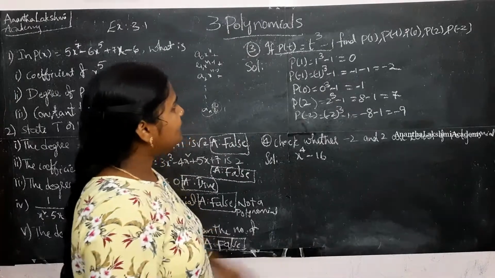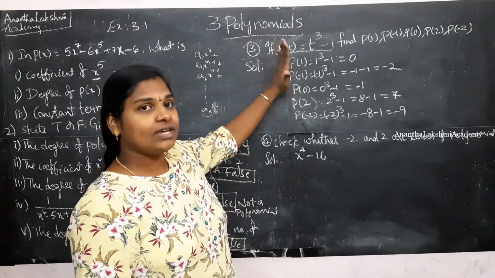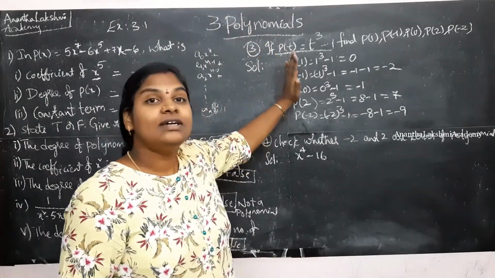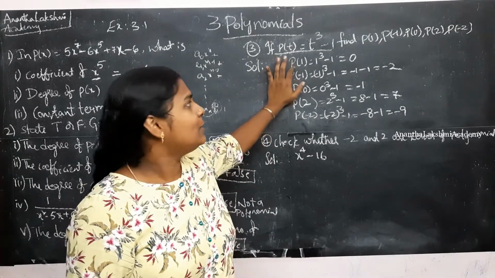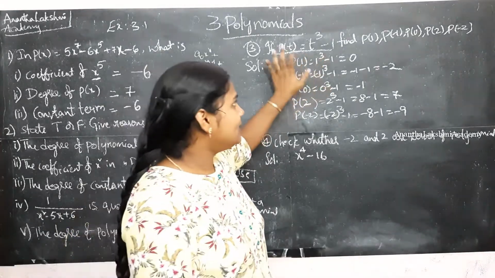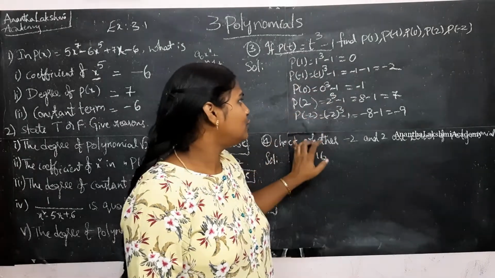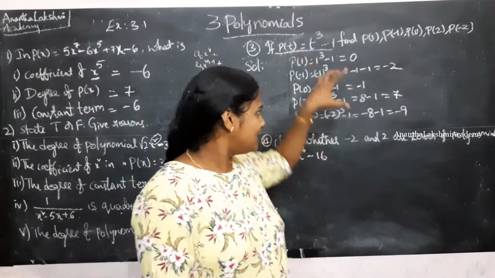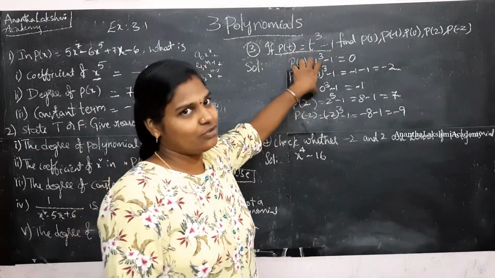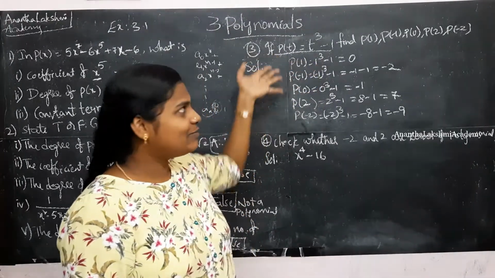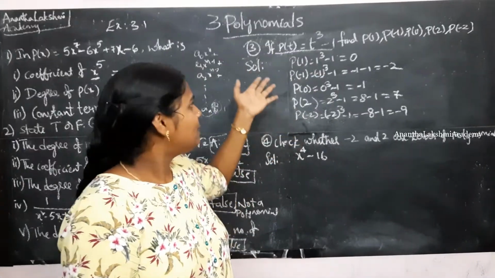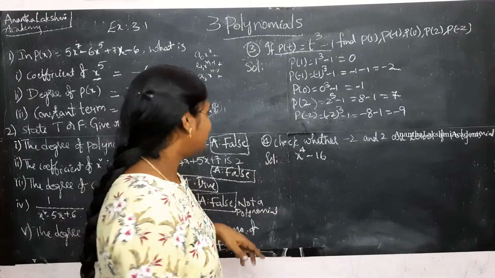That is about problem number 3, wherein we have figured out these are nothing but the values of polynomials when t is equal to 1, minus 1, 0, 2, minus 2. This is the same place where we have learned the value of polynomial definition, right? The same place we are writing the problem as well, solving the problem as well.